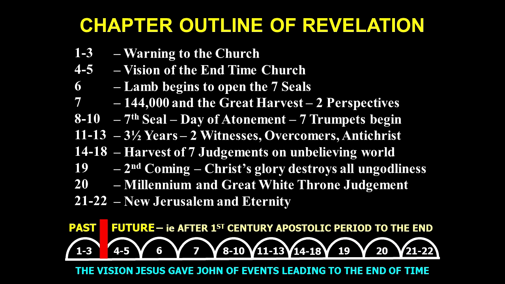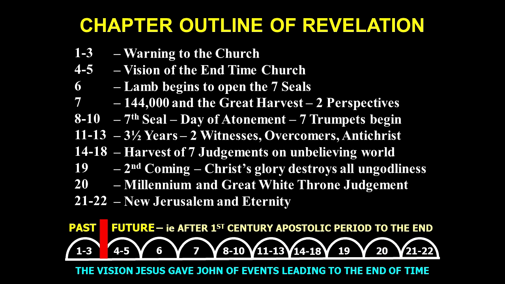In chapter 11, we see the story of the overcomers, and we see the 2 witnesses. In chapter 12, we see how the overcomers are taken to that place of protection on eagle wing power. And then in chapter 13, we see the rise of the Antichrist.